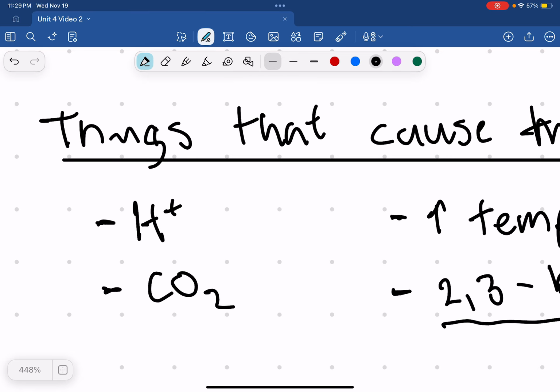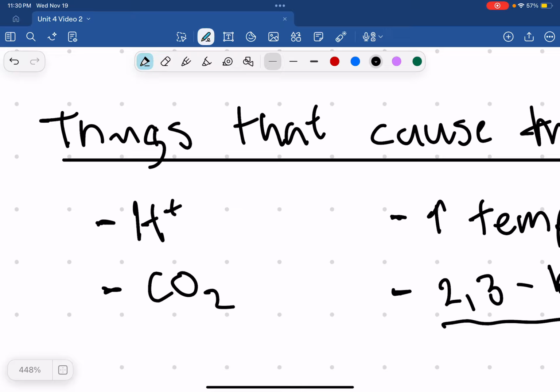Increased levels of CO2 or hydrogen just means that we typically have more carbon dioxide bound to hemoglobin or bicarbonate in our bloodstream, which will allow conversion to CO2.